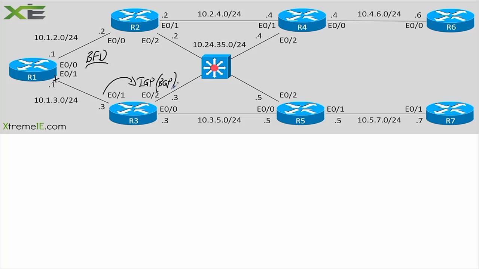It allows BFD to report back to the routing protocol and say, hey, by the way, you just lost this adjacency, you just lost this neighbor, and it allows the routing protocol to cut that link right away. We don't have to wait for the hold down time to expire, or for all these different timers to expire. BFD can basically inform our protocol and say, hey, by the way, you just lost this neighbor.